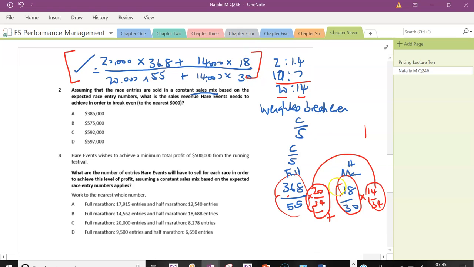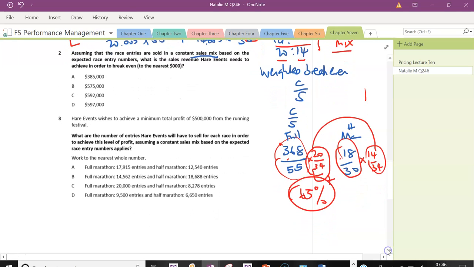But I think it's good to start thinking about it this way, because you can get a question that looks like this. You get the actual original C over S ratios, and you just use the ratio of the sales mix to put them together. If you multiply these, you will arrive at 65%.